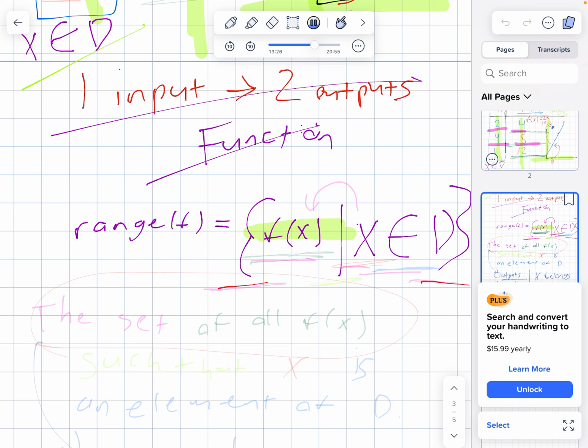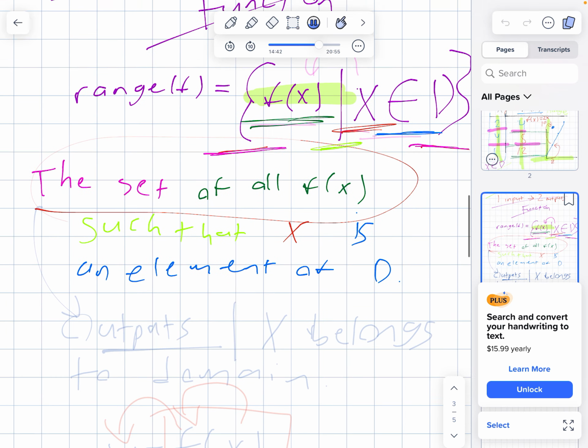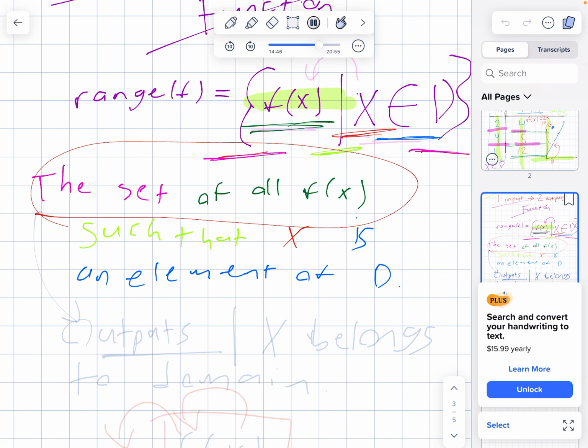Excuse me, we cannot ignore the brackets. In English, what we're really trying to say is we have the set of all f of x, the set of all outputs, such that x belongs to the domain.